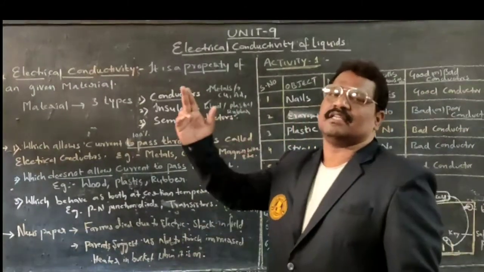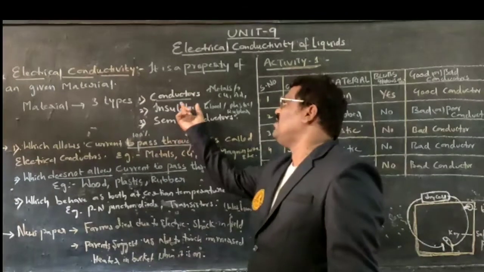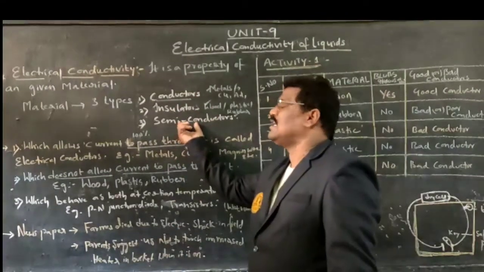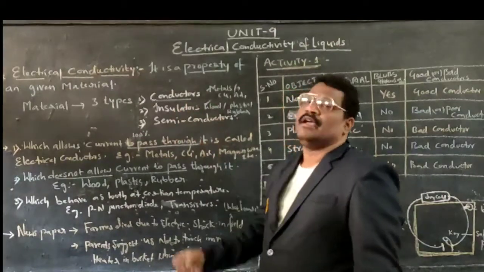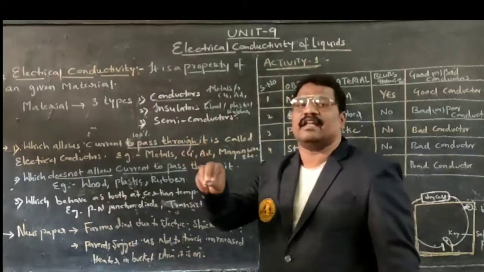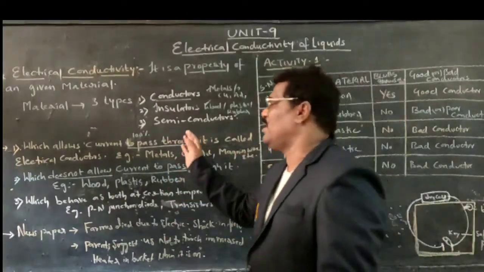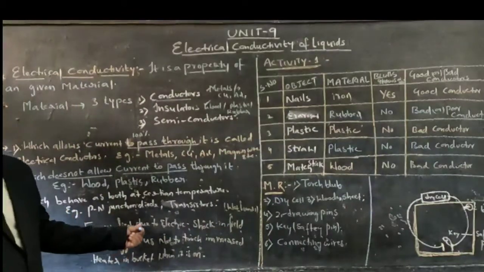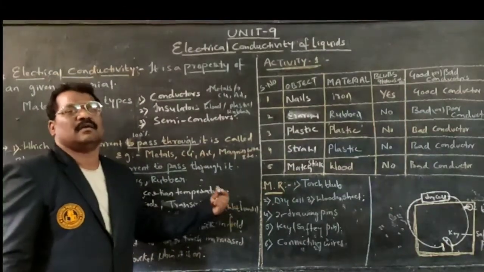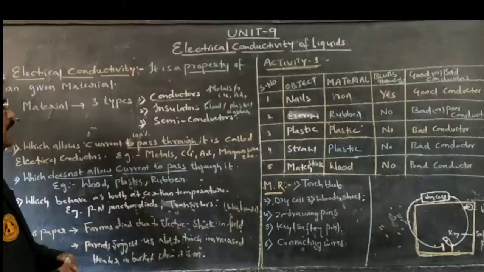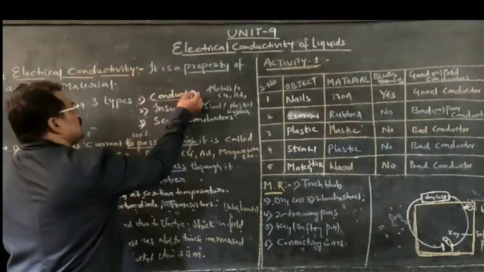As temperature increases, this material will behave like a conductor. If temperature decreases, this semiconductor will behave like an insulator. Therefore, we call them an intermediate stage. Examples: PN junction diodes as well as transistors, we can give as a few examples of semiconductors.